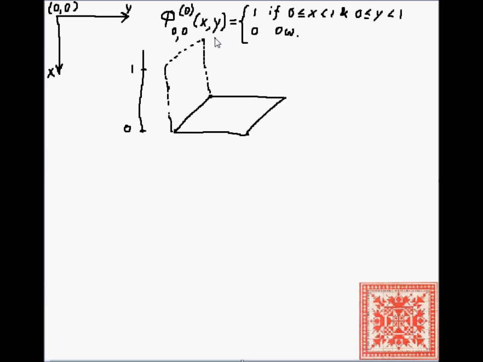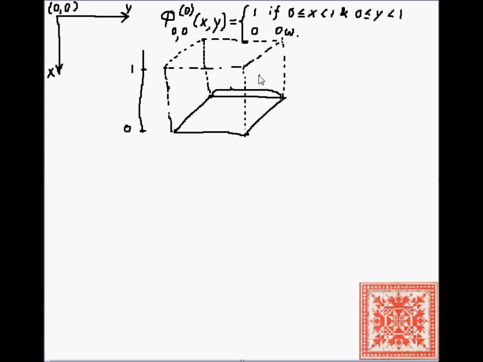So it starts at 0, 0, goes from 0 to 1 on the y axis, and from 0 to 1 on the x-axis. So we have this cube.